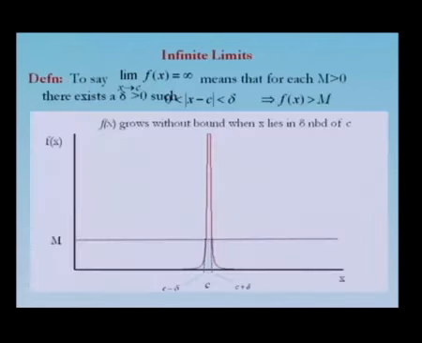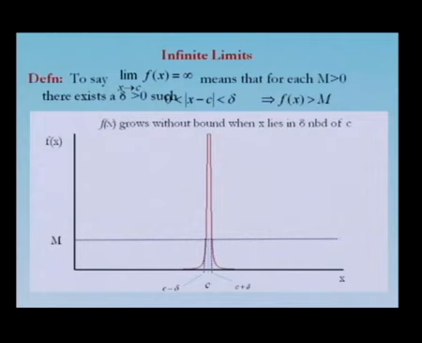Till now we have defined the limits of functions at finite points, and limits are also finite values. But in many examples, when a function tends to infinity, we call those limits infinite limits.